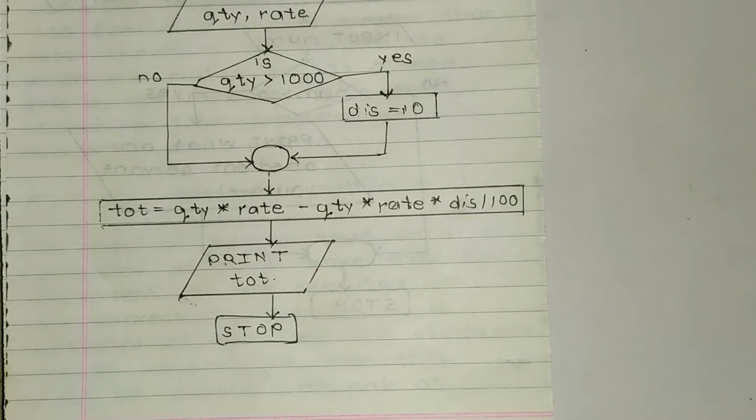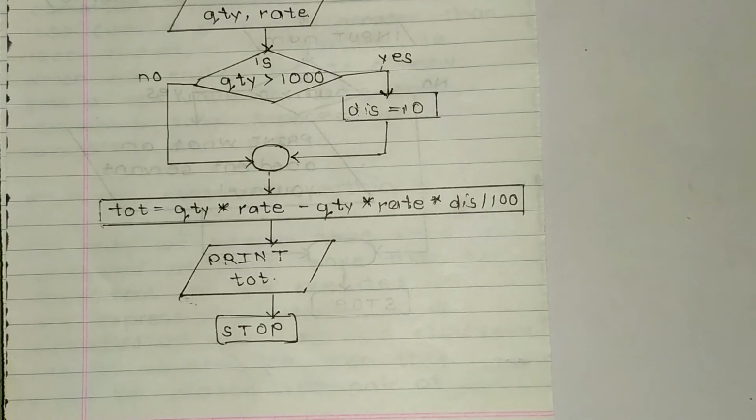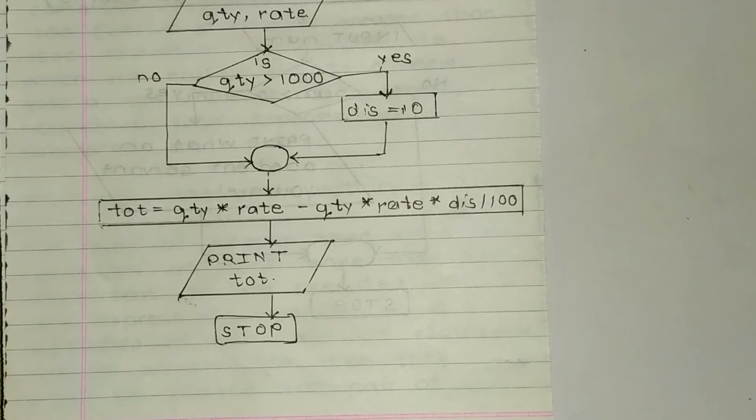Now in this next block, which is a rectangle, we have the formula for calculating the total, that is TOT, that is total, is equal to quantity, QTY is quantity, star, that is multiplication, total is equal to quantity multiplied by rate, minus quantity star, that is multiplied by rate, star, that is multiplied by discount divided by 100.